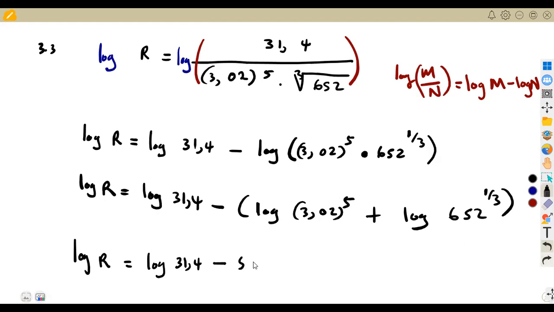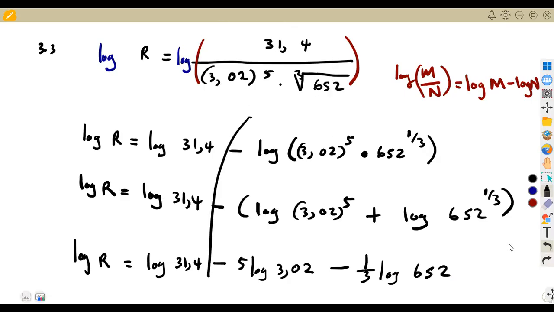So it's going to be minus 5, the logarithm of 3,02 minus, multiplies here, it becomes a minus. So that's minus, we drop the exponent, which is a third, the logarithm of 652, of which we could have avoided all this. We could have just worked it straight out from this here to this stage. That was very, very possible.